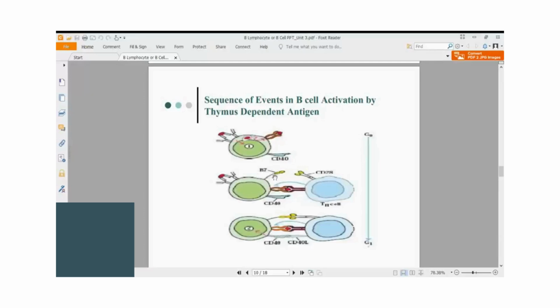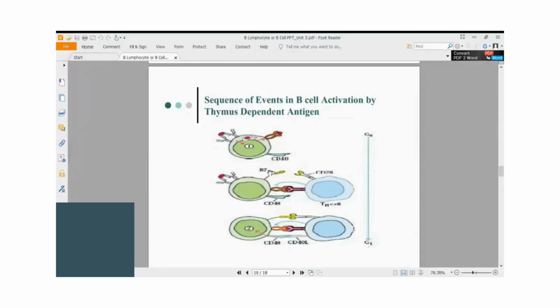So the B7 receptor is not only the characteristic of the B lymphocyte, it is also the characteristic of all the antigen presenting cells. Macrophages also will express B7. Dendritic cells also will express B7. Any antigen presenting cell should express B7, which is actually B7.1. And B7.2, when it is expressed, will be the stop signal.